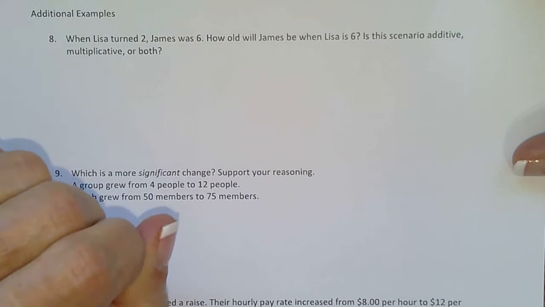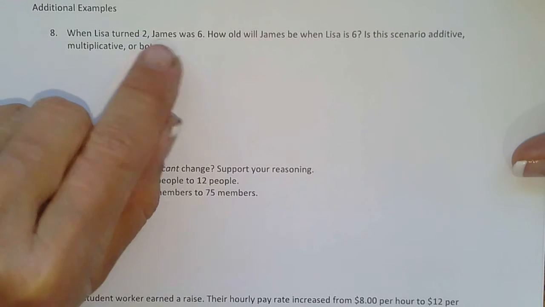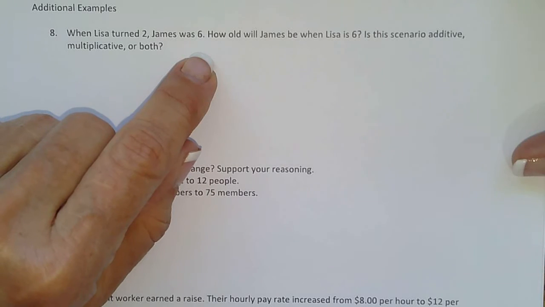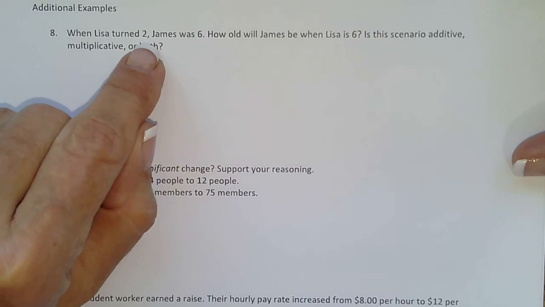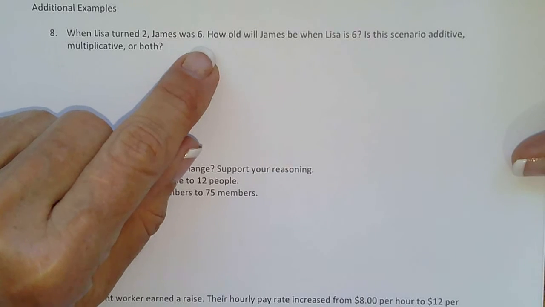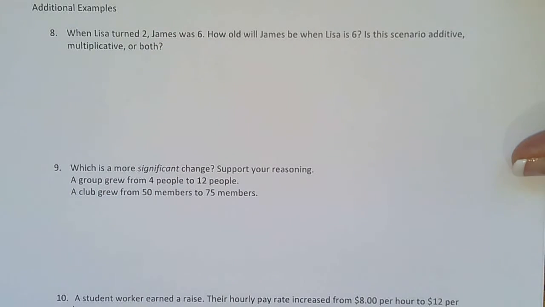So this is an additive reasoning problem. We can't use multiplication because true, James is 3 times older than Lisa right at this moment. But when Lisa turns 3, James will be 7. He won't be 3 times older than her any longer. So just at this one moment in time, this 1 year, will he actually be 3 times older than her?